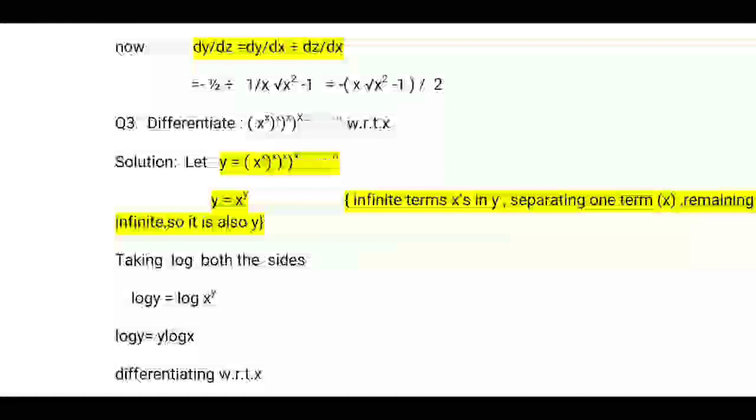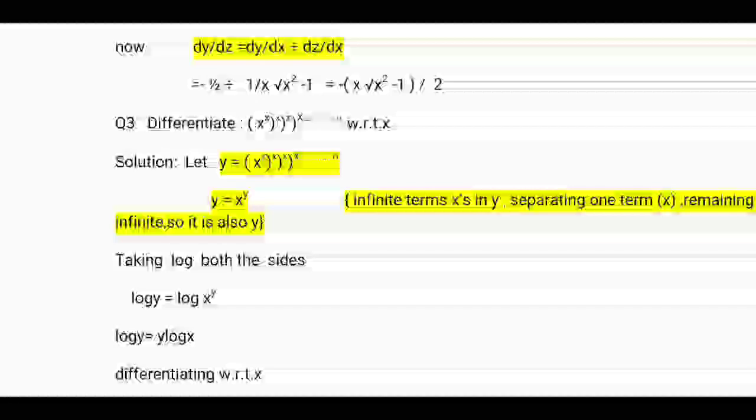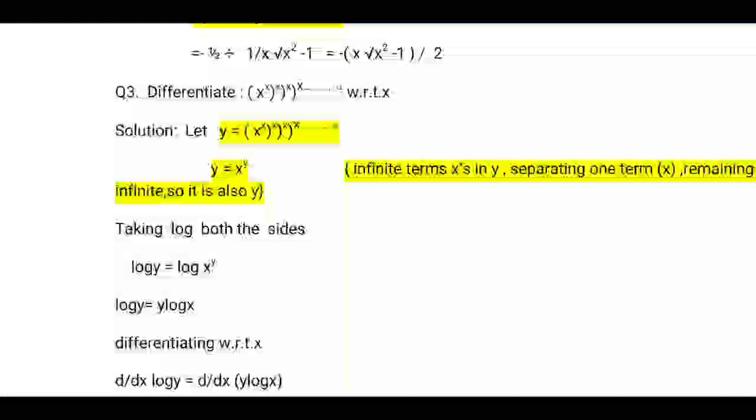Now there are some different types of questions also. Differentiate x power x power x power x power x up to infinity with respect to x. Now let us consider y is equal to x power x power x power x up to infinity. So y is equal to x power y. You will take one x and the remaining x remain as it is.